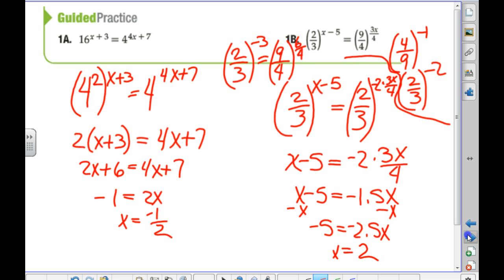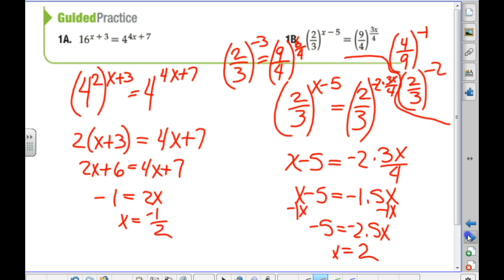You gotta move the x's to one side and the numbers to the other side. And negative 1.5 minus 1x is negative 2.5. Everybody's lost on the algebra. We okay?